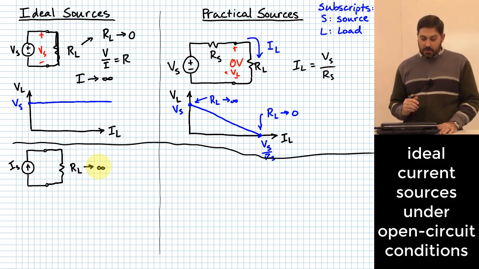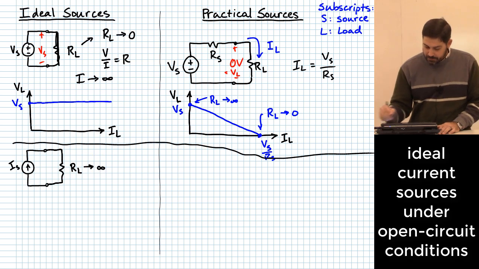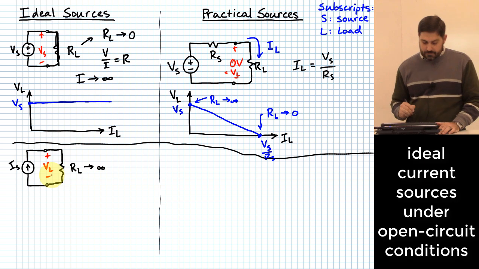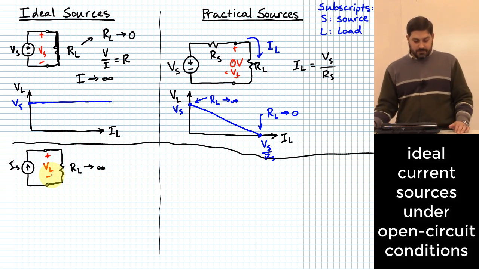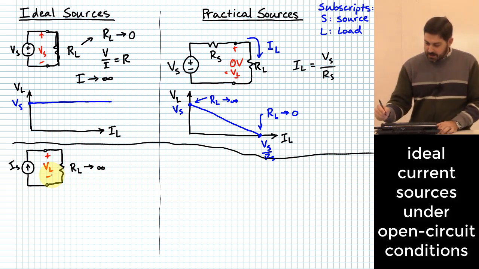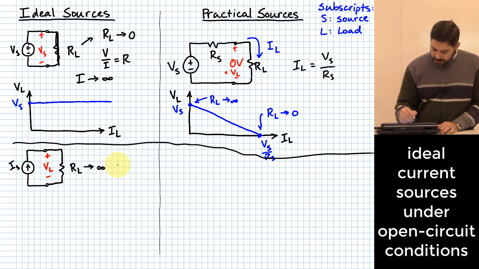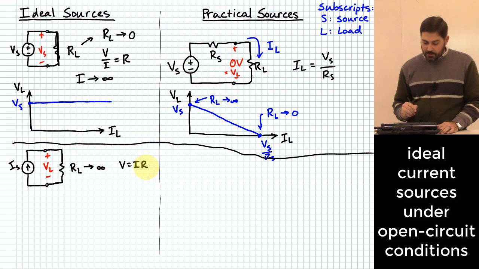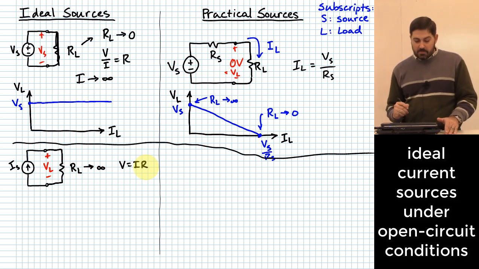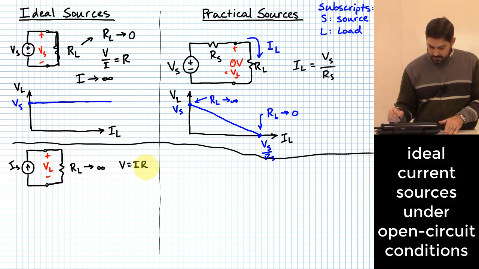What happens now to the voltage across this load? Again, we can think of it as V equals IR. Now we have R going to infinity with I being a constant. What's going to happen? VL will also approach infinity.